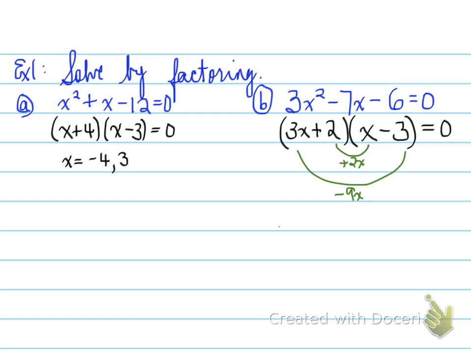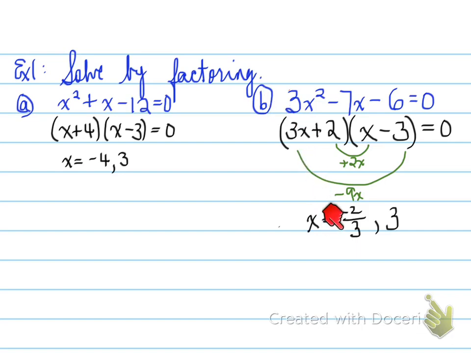Now, what are the solutions? Well, x will equal negative 2 over 3 and positive 3. Negative 2 over 3, because if you cover this up, the opposite of positive 2 is negative 2, and you divide by the number in front, which is 3.